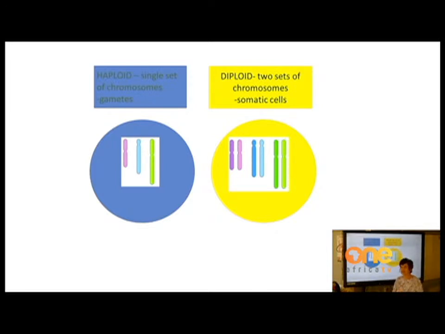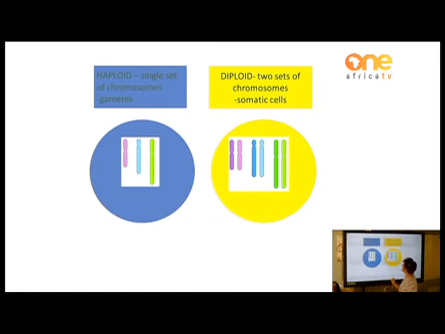A nucleus is haploid or diploid. That means that in a nucleus there can be a single set of chromosomes, meaning there is only one of the pair that is in the parent, one single set of unpaired chromosomes, and that forms the gametes.